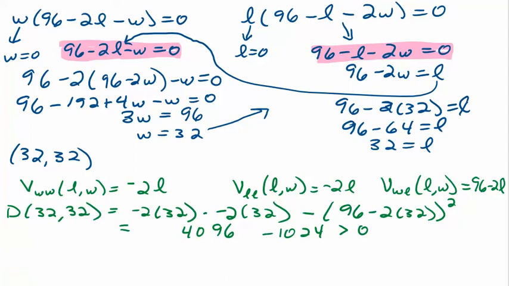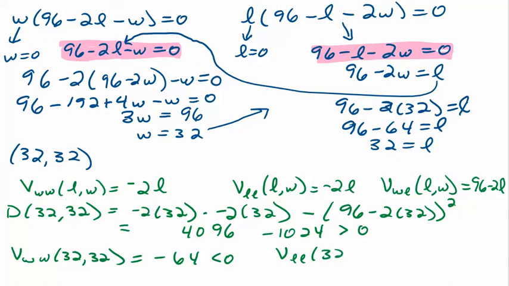So let's show that's true here. If I check V_WW at 32, 32, I get negative 64, which is less than 0, and certainly L is the same formula here. That won't always be true, but we get negative 64, which is less than 0. So if you check your little chart, that's going to tell you that you have a maximum.